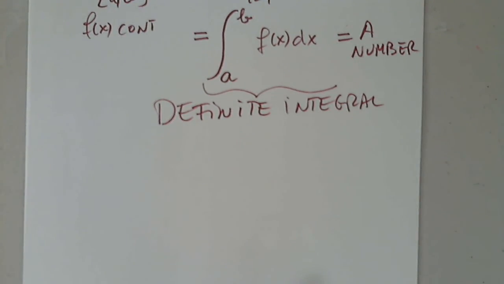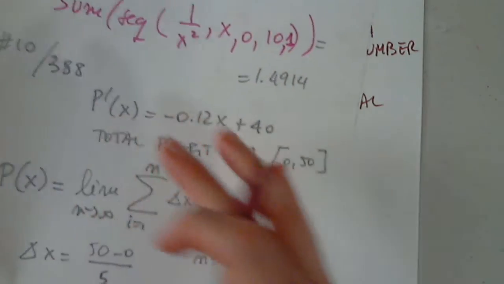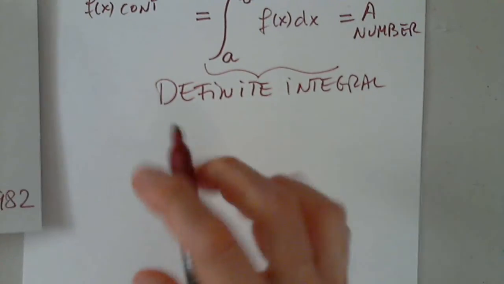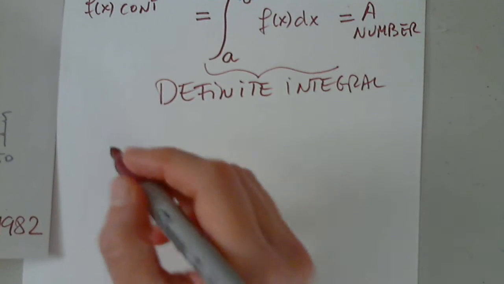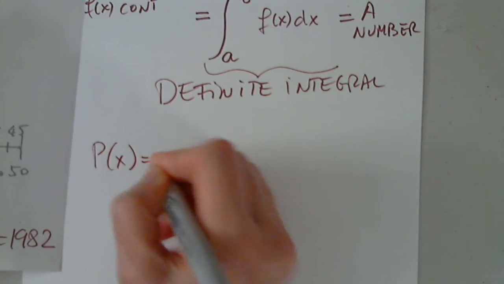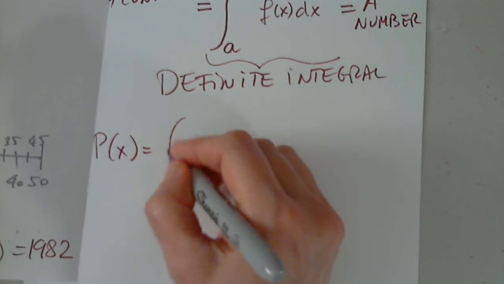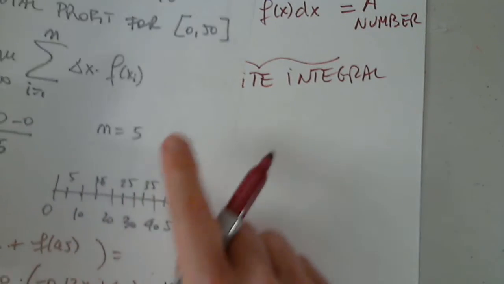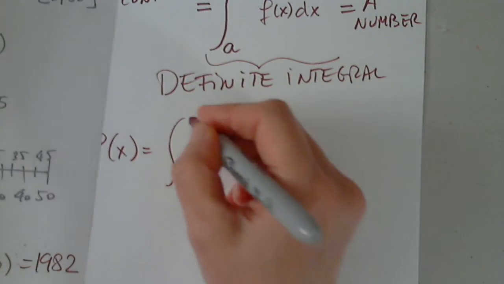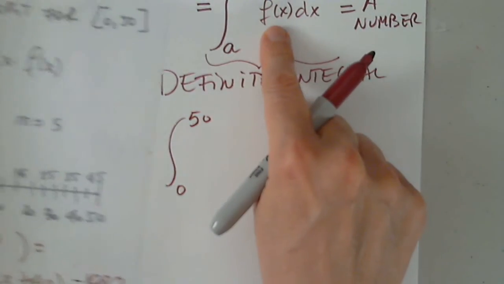In our case, I'm coming back to problem 10 on page 388, which is the profit that we are interested in. It will be the integral from 0 to 50 of the function.